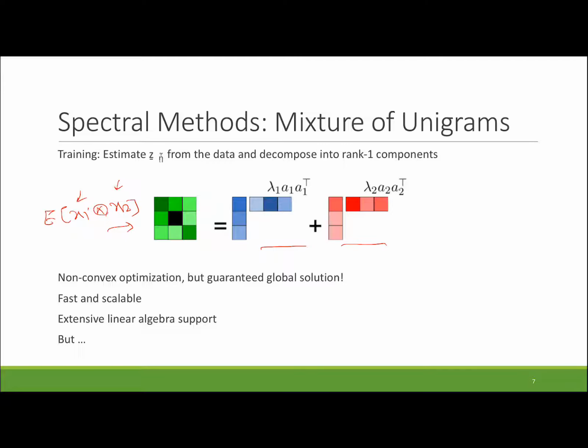So the green things that you're showing is co-occurrence of the words, right? So, for example, columns 1 and 5 represent the number of times that the second word in the dictionary and the fifth word in the dictionary show up. So if we compute that statistic, because of our assumption that things are in a mixture, it's going to have a low rank assumption.